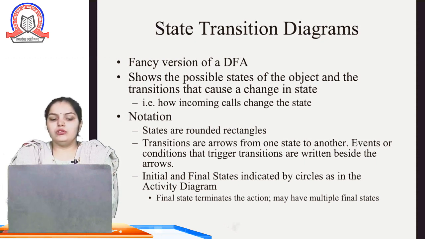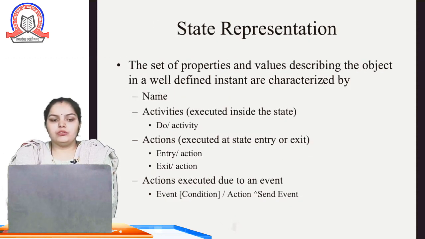We show the termination state with a round filled circle. So here is the state representation. The set of properties and values describing the object in a well defined instance are characterized by their name.